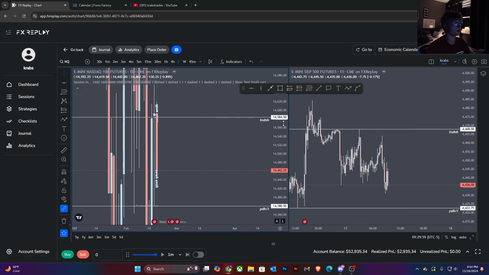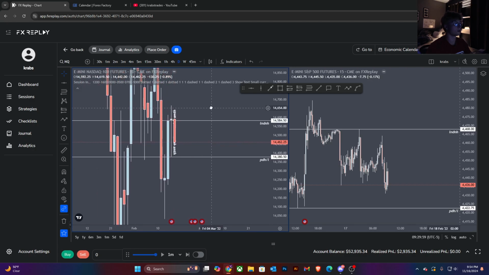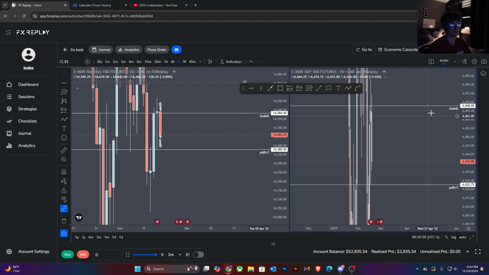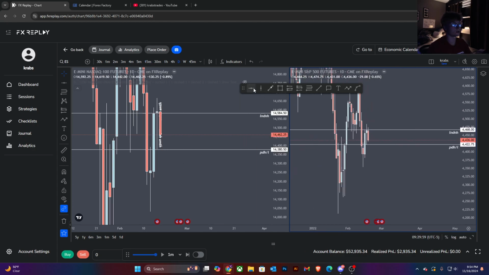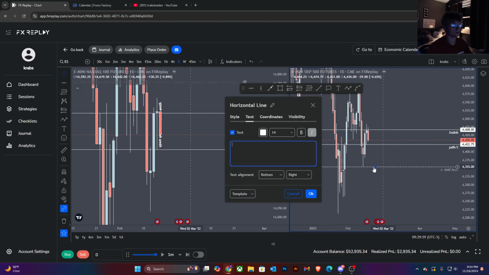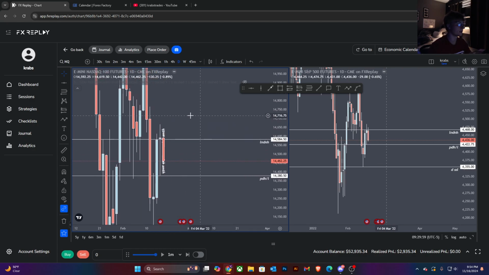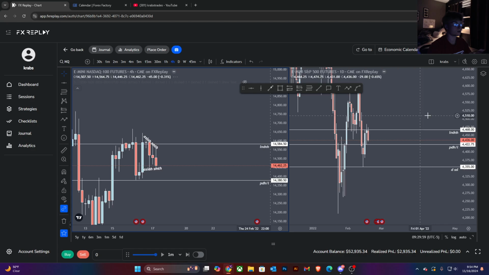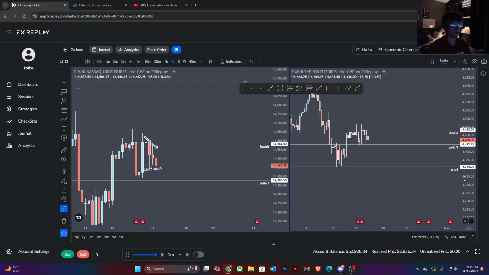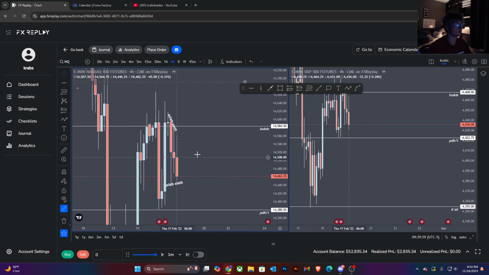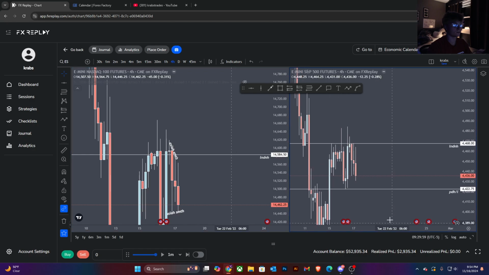Let's hop on the daily. Still leaning more bearish for sure. I want to see this daily sell side get swept. Holding this daily gap still. See the 4 hour. Previous day low looks like the drawn liquidity right now.